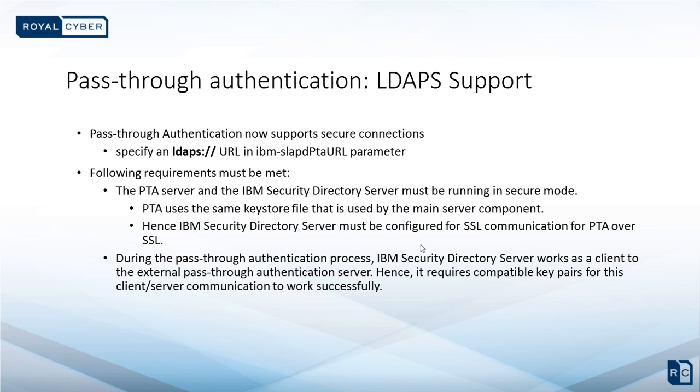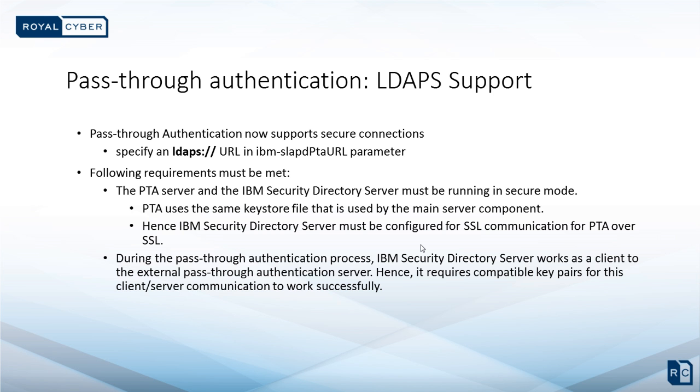This LDAP server also supports secure connections for pass-through authentication. To configure pass-through authentication over SSL, you must ensure that certain requirements are met. There's a parameter, IBMS LDAP PTA URL, for pass-through authentication that must be set to an LDAPS URL in the following format. Both the external pass-through authentication server and IBM Security Directory server must run in secure mode, though the pass-through authentication configuration in IBM Security Directory server does not require any extra key store file.